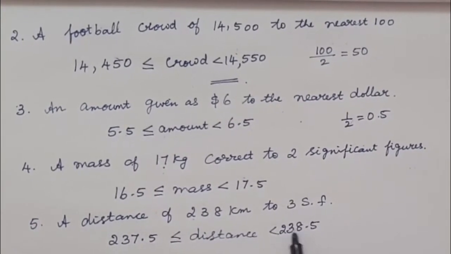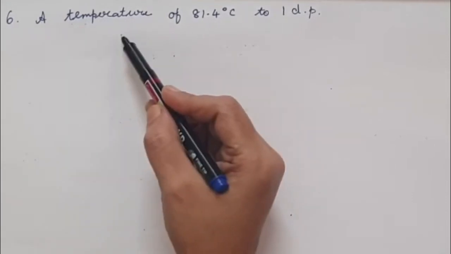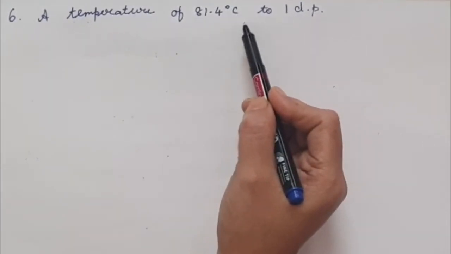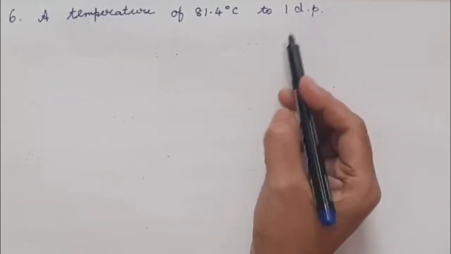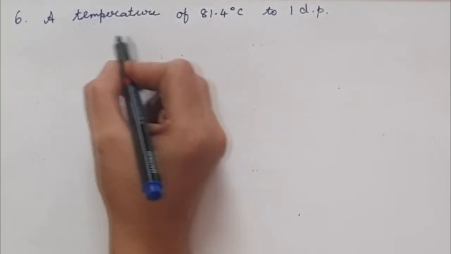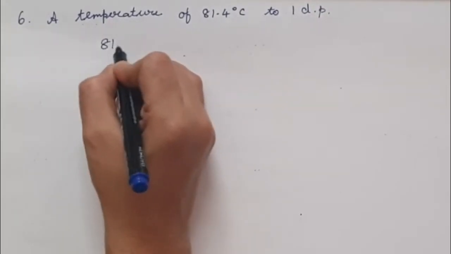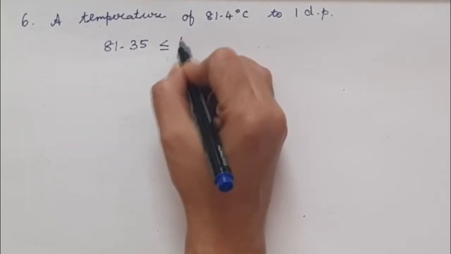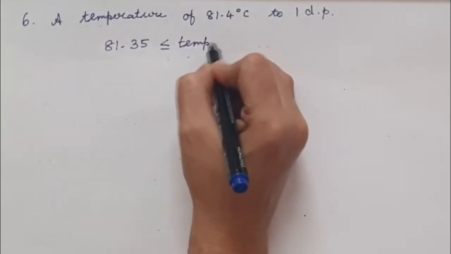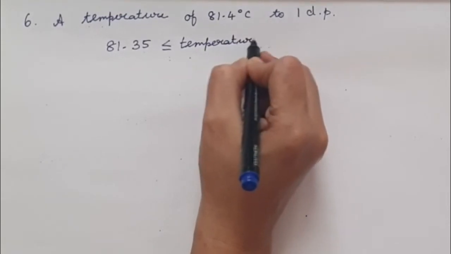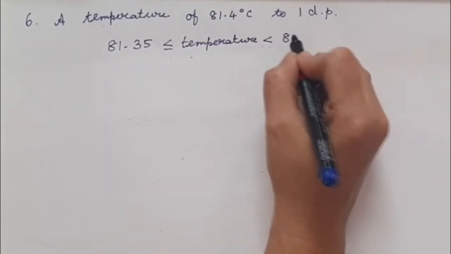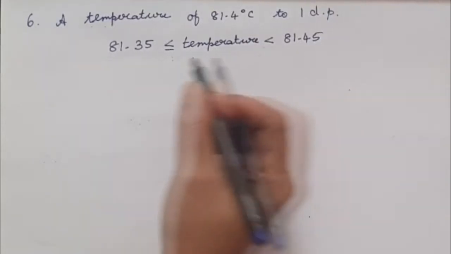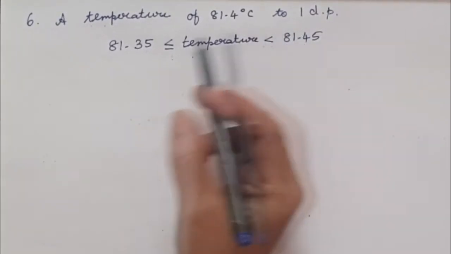This one also it is 238. Sixth one, a temperature of 81.4 degrees Celsius to 1 decimal place. So 1 decimal place when you round up, that is 81.35 is less than or equal to the temperature, is less than 81.45.